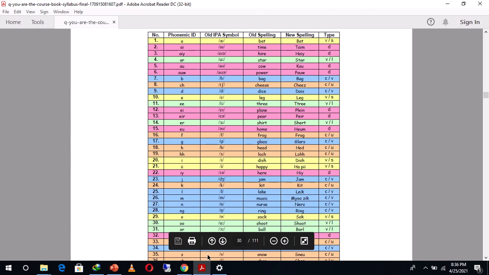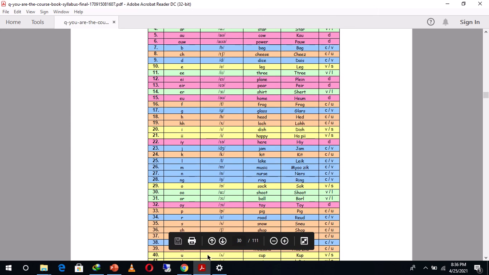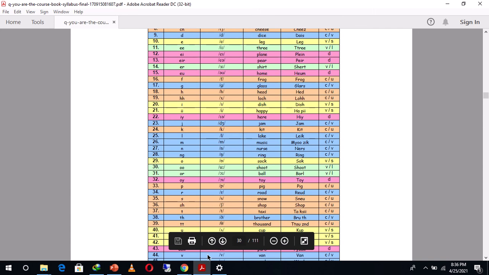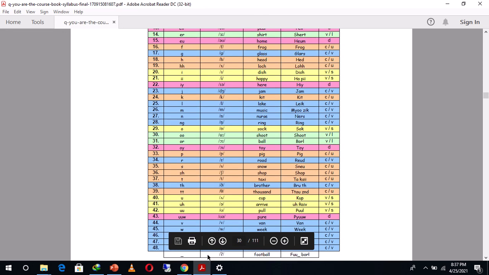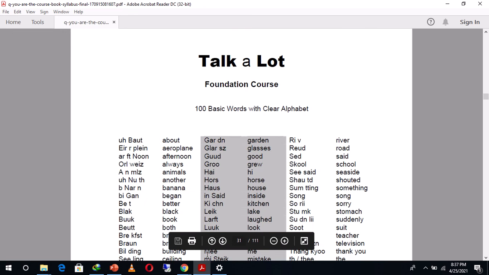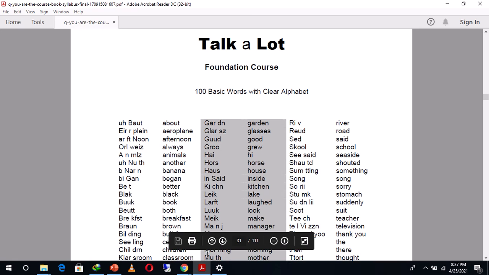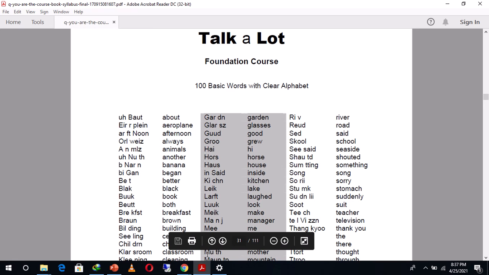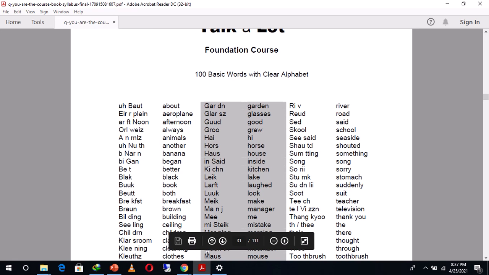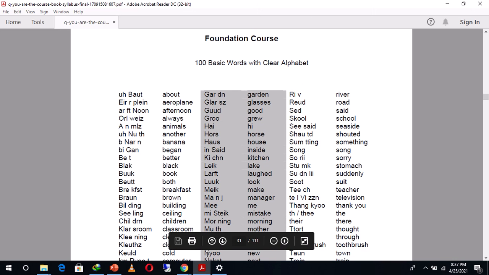There are few examples mentioned over here, but I'm going to provide you a lot of examples, and inshallah if you practice those, you will learn how these words are spoken. Now there are some words, like 100 basic words, that are the foundation of this course, and you would have to learn how to speak these words.